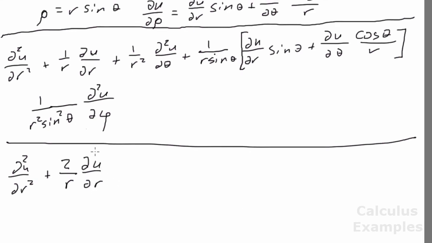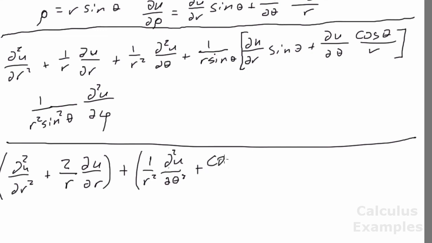All right, so next we're going to combine all the theta terms together. All the partial derivatives of theta together, I should say. That gives us 1 over r squared, second partial of u with respect to theta. And we have another term, which is right here. That will be cosine theta over sine theta, and 1 over r squared, right?